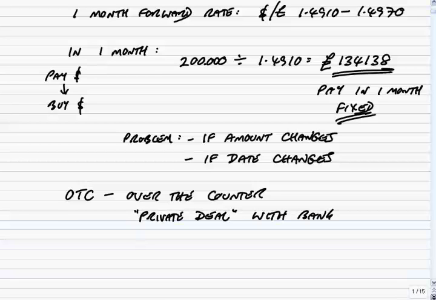And that's the way I've been expressing it so far, that you go to the bank, you tell them how much you need, on what date, they quote you a rate. And if you're happy with it, you agree to it. If you're not happy, try a different bank. They can quote whatever they like, really. It's just a private deal.